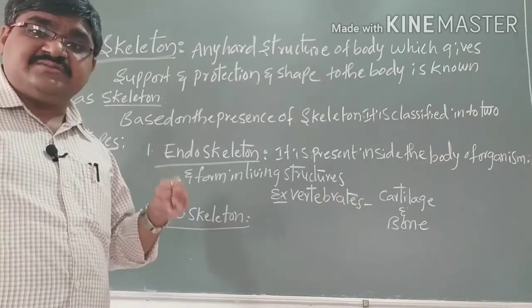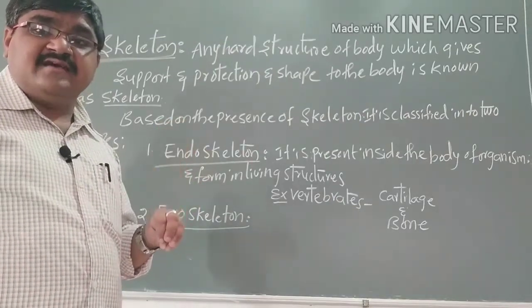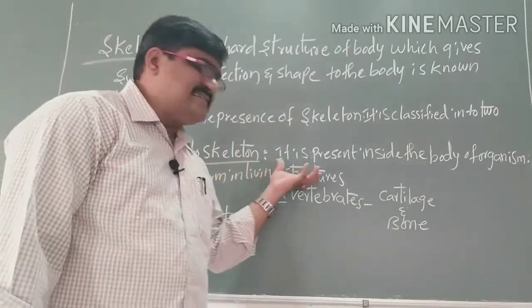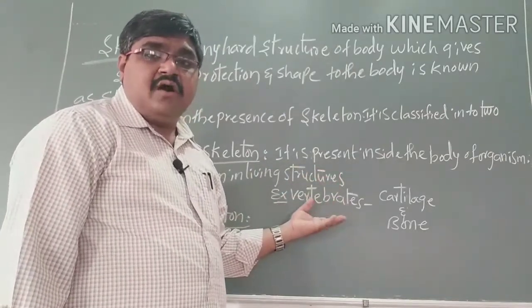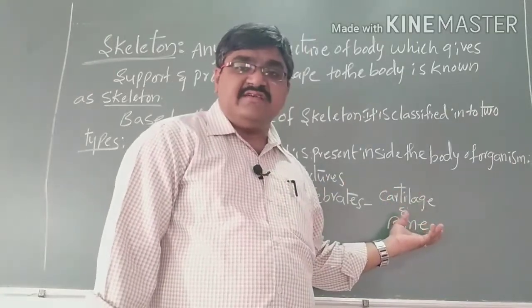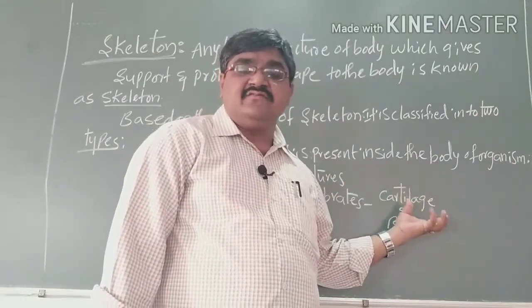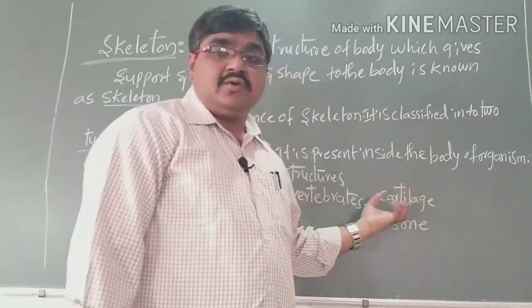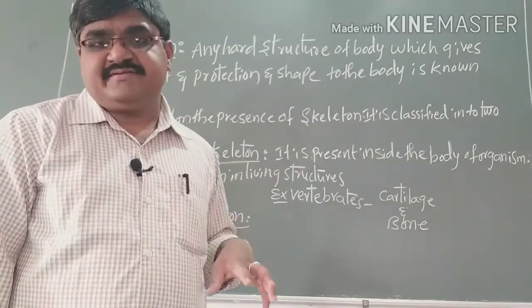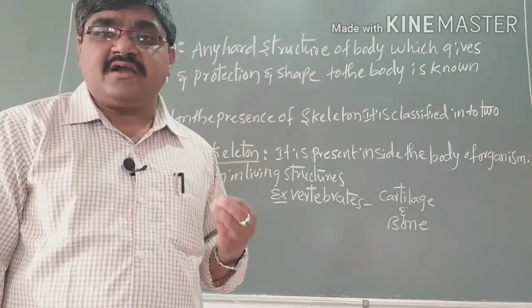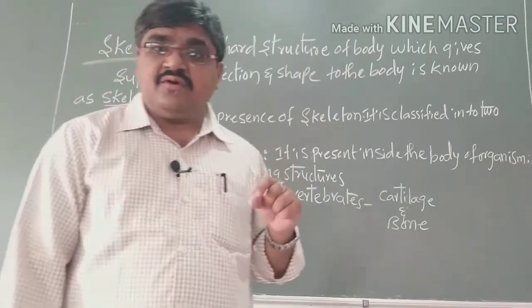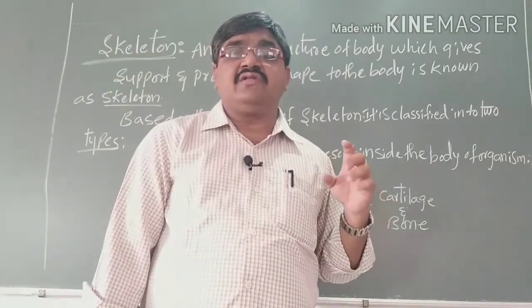Any hard structure present inside the body of an organism is called an endoskeleton, formed in living structures only. Example: all vertebrates have cartilage and bones. Bone and cartilage give a definite shape, structure, support and protection for the body.